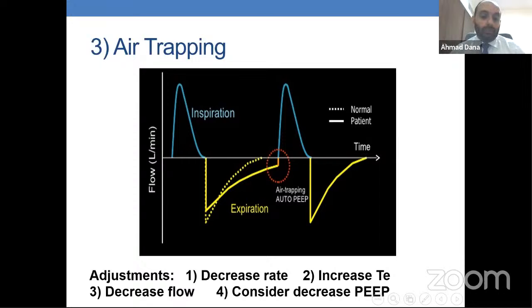If there is too much flow inside the circuit, especially if it is manually set, this again can cause air trapping. And consider increasing the PEEP. Sometimes when you increase the PEEP, it can sort out the problem.